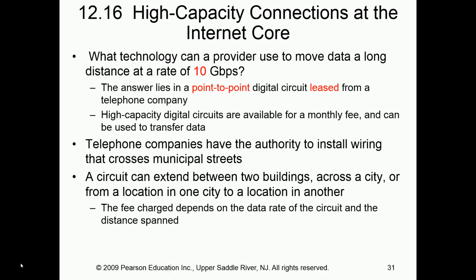So what would happen if we need a 10 gigabit connection? We could do a point-to-point leased circuit. That is where we pay our ISP a high fee for them to give us a point-to-point circuit that gives us a faster connection. You can get nowadays any type of circuit that you need. It just depends on how much you want to pay.